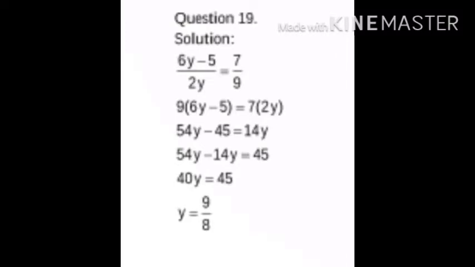We transpose 14y to the LHS side, which implies 54y minus 14y is equal to 45, which implies 40y is equal to 45. Now y is equal to 45/40. We cancel this 45/40 by 5, and we get y is equal to 9/8.